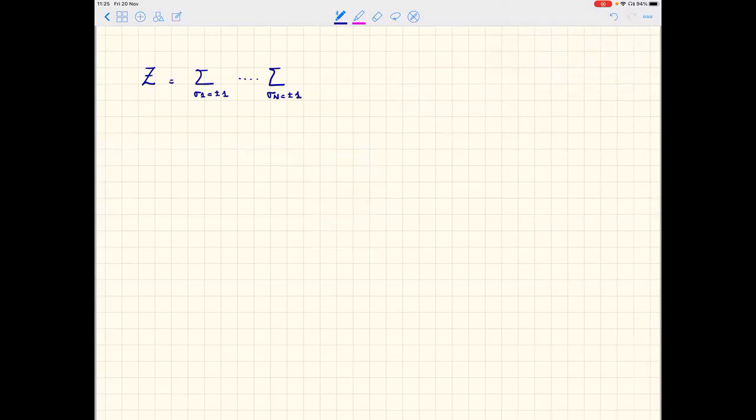And then you're going to have e to the beta J sigma 1 sigma 2, e to the beta J sigma 2 sigma 3, etc., all the way to e to the beta J sigma n sigma 1, right?